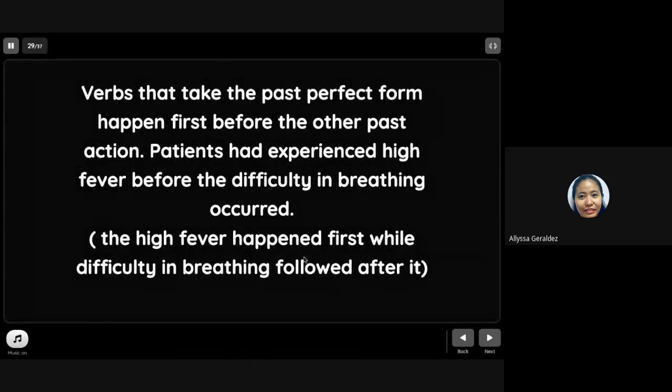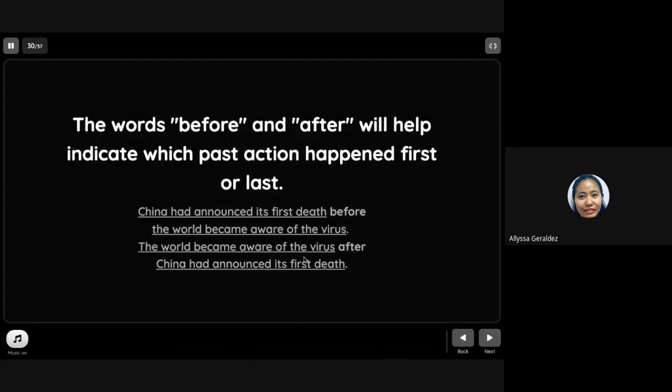Verbs that take the past form happen first before the past action. Patients had experienced high fever before the difficulty in breathing occurred. High fever happened first while difficulty in breathing followed after that. The words before and after will help indicate which past action happened first or last.